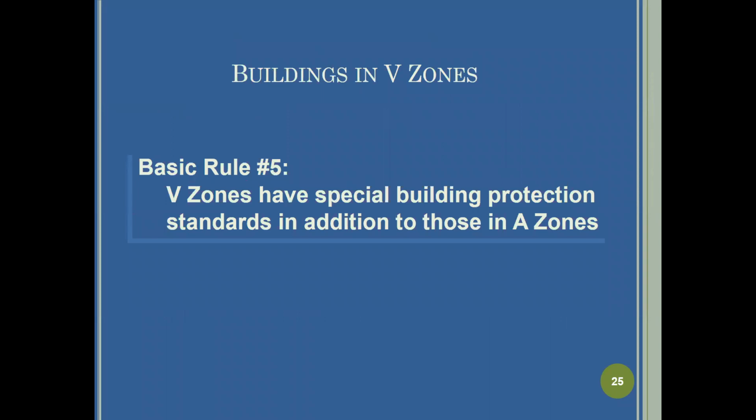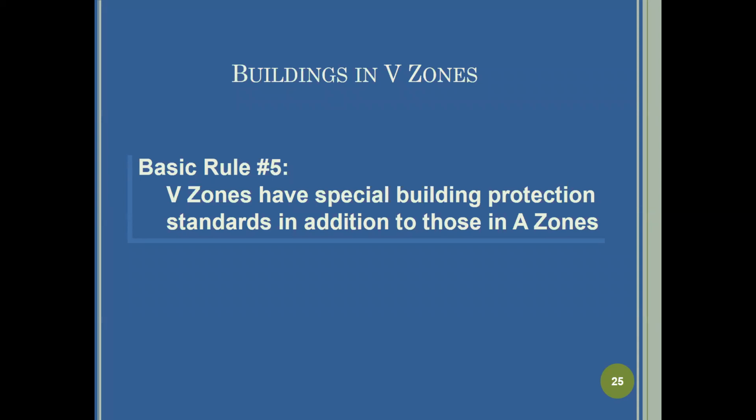So, buildings in V zones. One time a year I have to worry about this when I'm presenting this to you. And then in Colorado, we're able to move away from that. But V zones are very important.